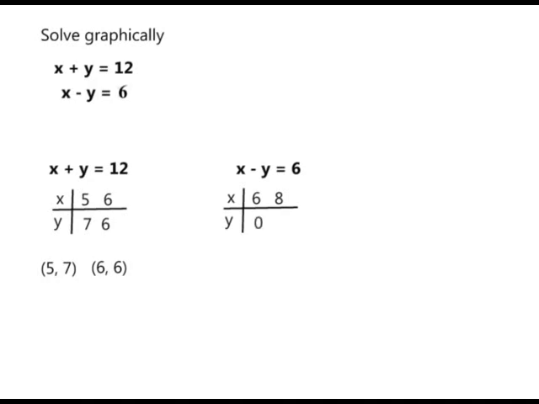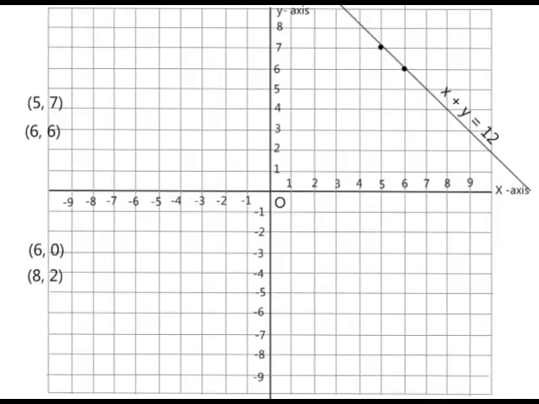When x is 8, that is 8 minus y is equal to 6, that is y is equal to 2. So I have the next 2 points, that is (6, 0) and (8, 2). I plot the points and then I draw that line. That graph is x minus y is equal to 6.